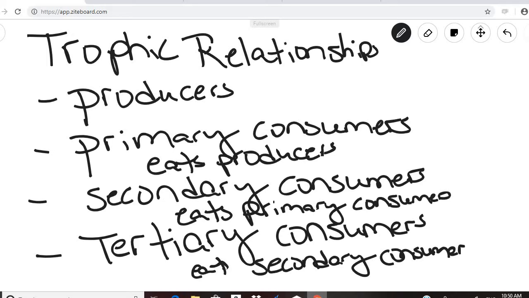So for example, a plant is growing, so that's a producer, and then a mouse eats the plant, so the mouse would be a primary consumer, and then a hawk eats the mouse, so the hawk in that case would be the secondary consumer. And an organism could be a secondary consumer and also a tertiary consumer.